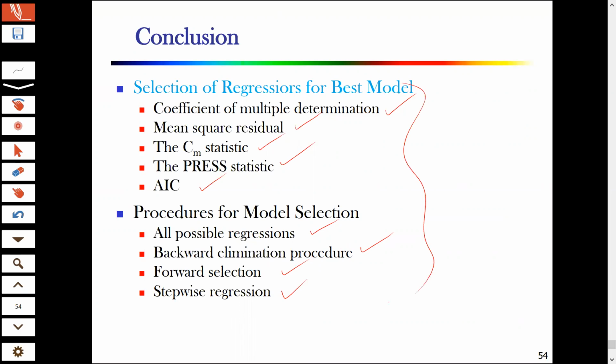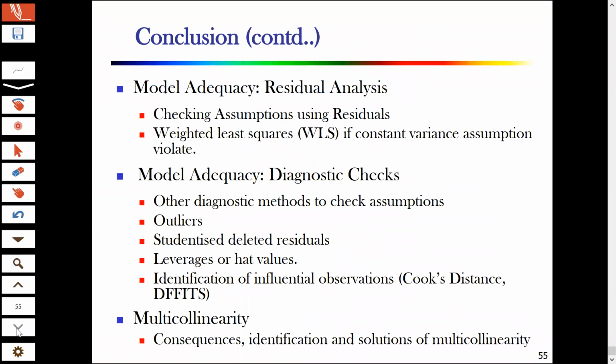I have shown all of you in R, using the body fat example, where we got the best model including only one regressor, that is X2. We have also discussed how we can check the assumptions using residuals, and a little bit about weighted least squares, especially if the constant variance assumption is not satisfied.